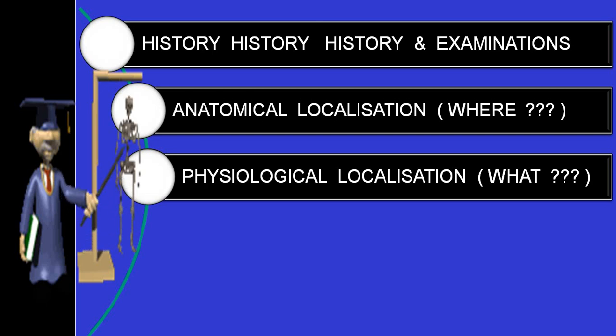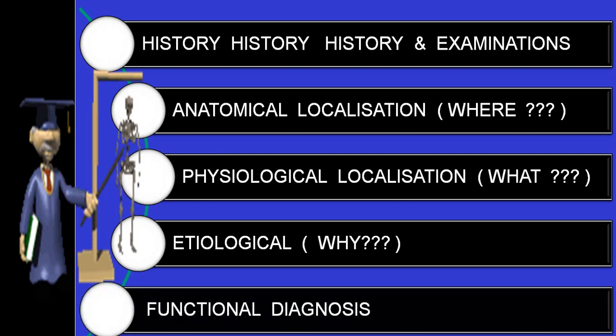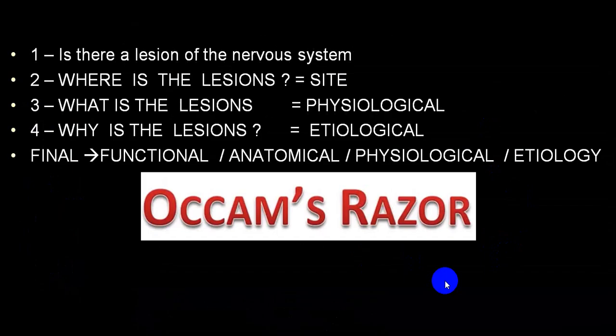Which part, physiological, what type of damage it is. And then we try to find out why there is damage, that is etiological. And then finally we put a functional diagnosis, which will include where, what and why. So that will be dealt with.